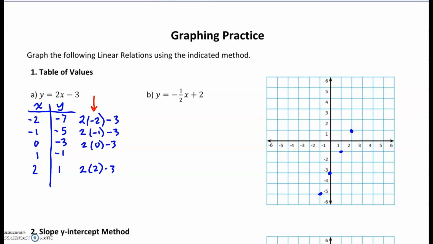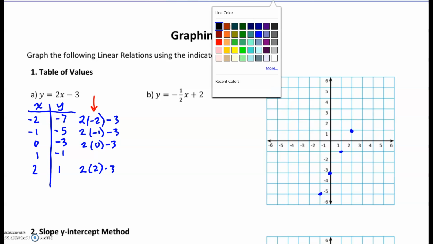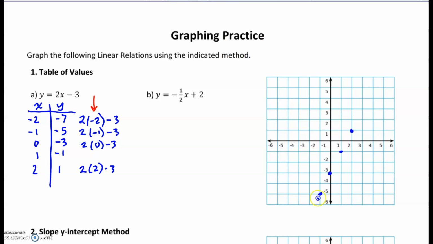Okay, I'll draw my line now. So we're going to go through the points and we'll go from one side all the way to the other. And then we'll go ahead and put arrows on the ends and label it with the equation.